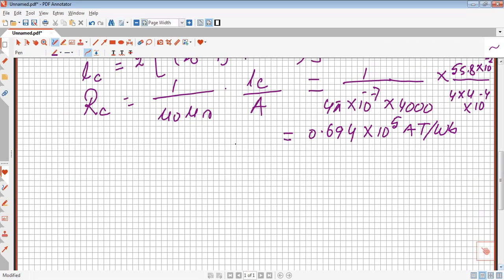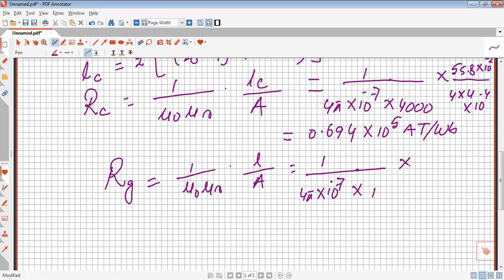Now we can also find out the reluctance of the air gap, which is 1 by mu naught mu r into L by area of cross section. So 1 by mu naught is 4 pi into 10 to the power minus 7, into mu r for air, which is 1, and the length of the gap.